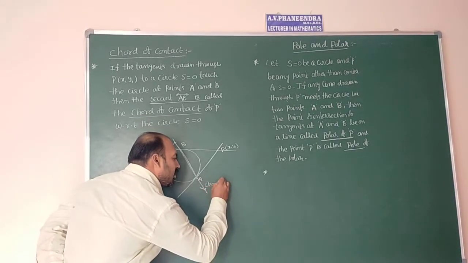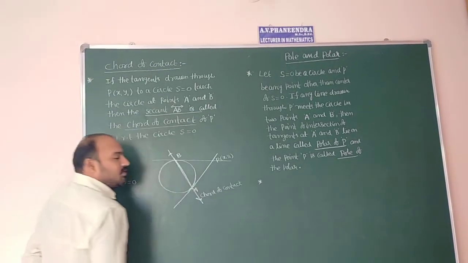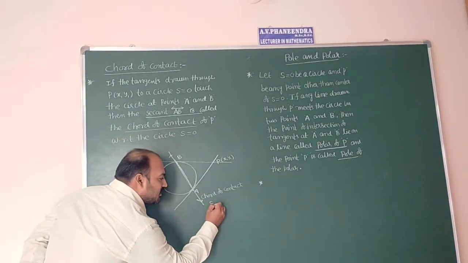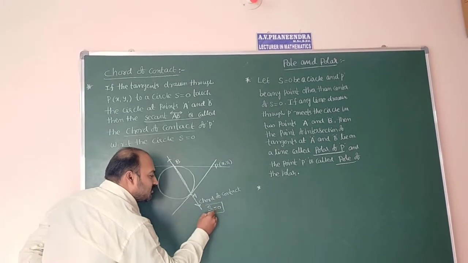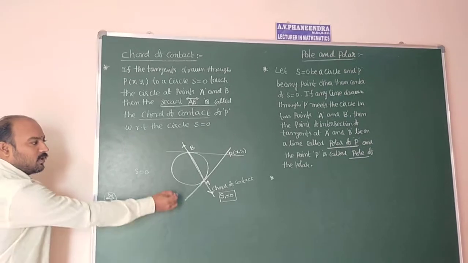This line is the chord of contact, which is denoted by S1 equal to 0. We know what S1 is. Now I am going to write the formula for the chord of contact.